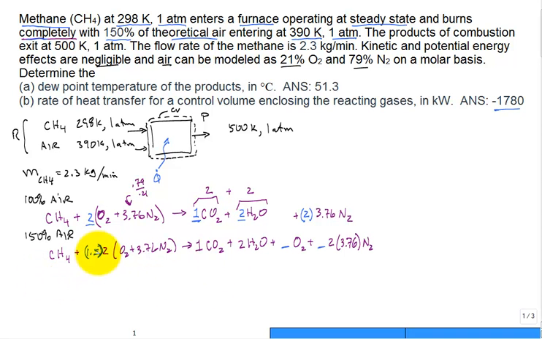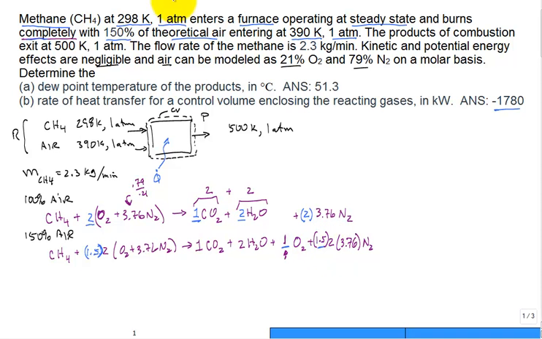Then I come over here and I think, okay, well, that means that 4 of the O's are used, but how many, if you kind of do the math here, what is this? 3 O2, so I got 6 O's. Hence, I still have 1 O2 going out in the products. Okay, so how did we get this coefficient 1 in front of the O2? Balance the oxygen. And then the balance of nitrogen, it's just 1.5 times the N2.